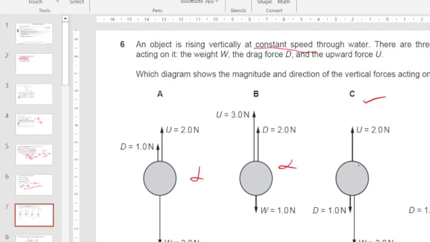So if you see these two cases, upward force is 2 Newton, downward force, that is due to weight and drag force, will become 4 Newton. These two are not equal. So option C is ruled out. And if you see option D, upward force is 3 Newton and the downward force is also 3 Newton. Hence the correct option is D.